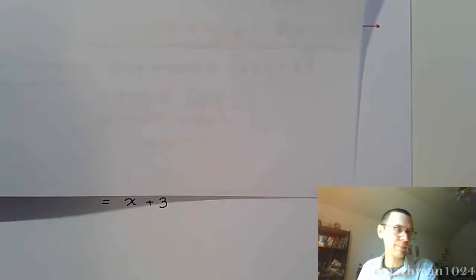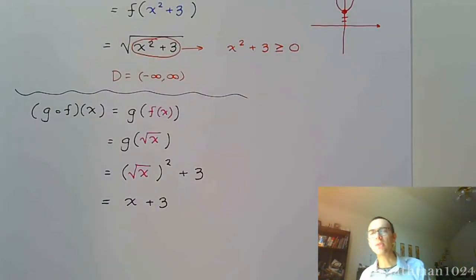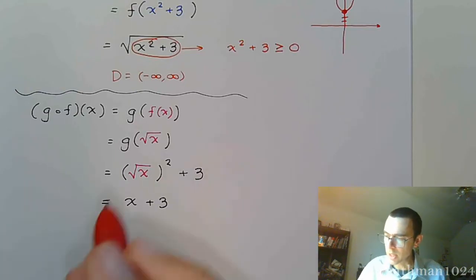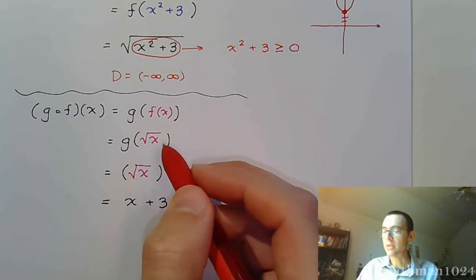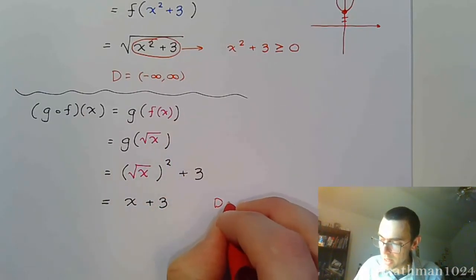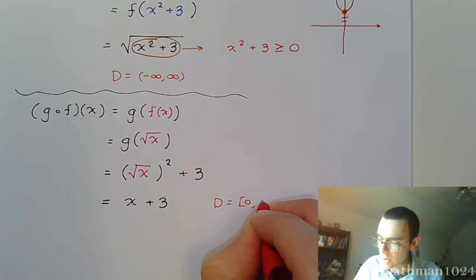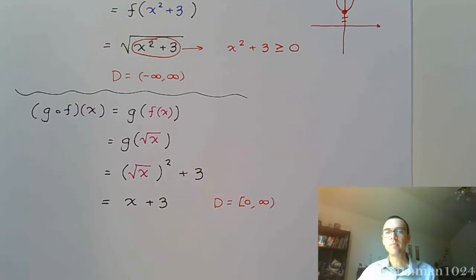But we can't say that. The reason we can't say that the domain here is all real numbers is because you are restricted by the square root of x that was being plugged into that. So this guy has a domain that still has to be from 0 to infinity.